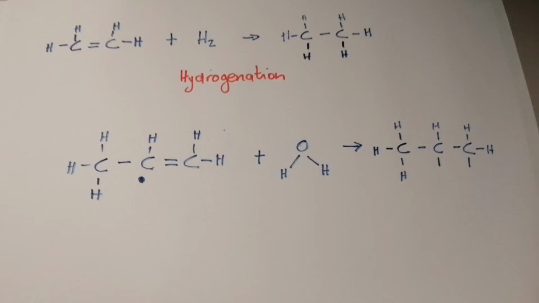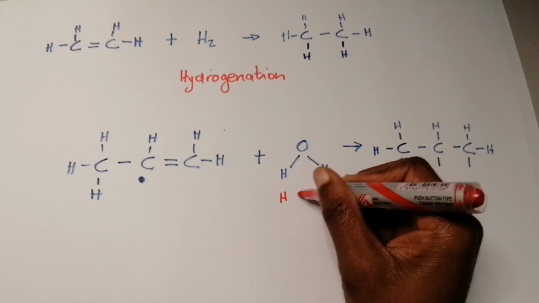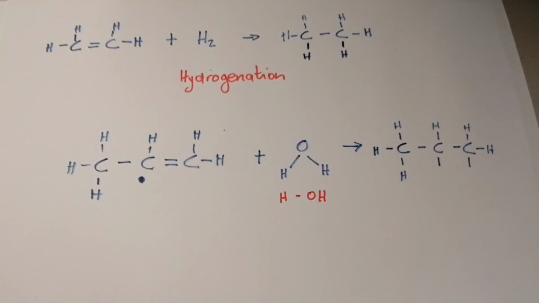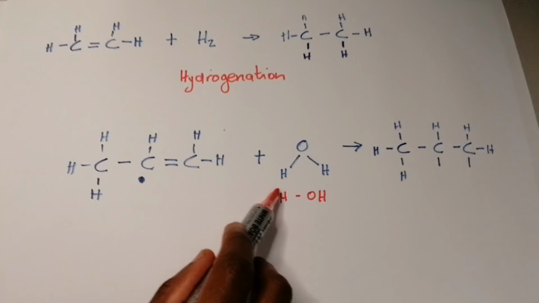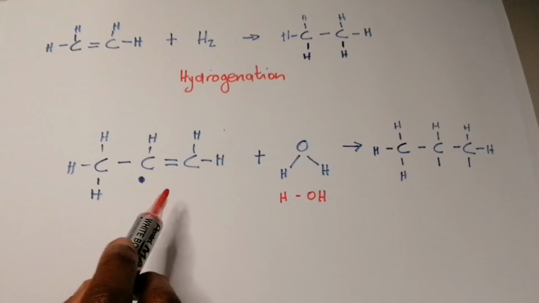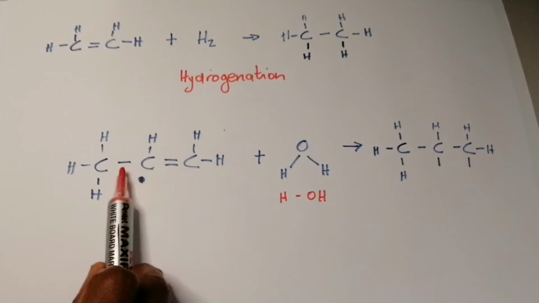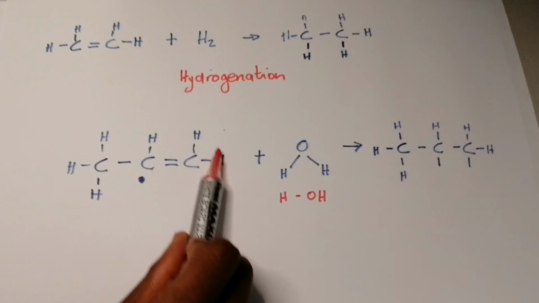Now, I want you to note what I've just said. So now we are going to have H and OH. Markovnikov's rule says the hydrogen will tend to go to the carbon that has the most number of hydrogens. These are the two carbons that we have. How many hydrogens does this one have?